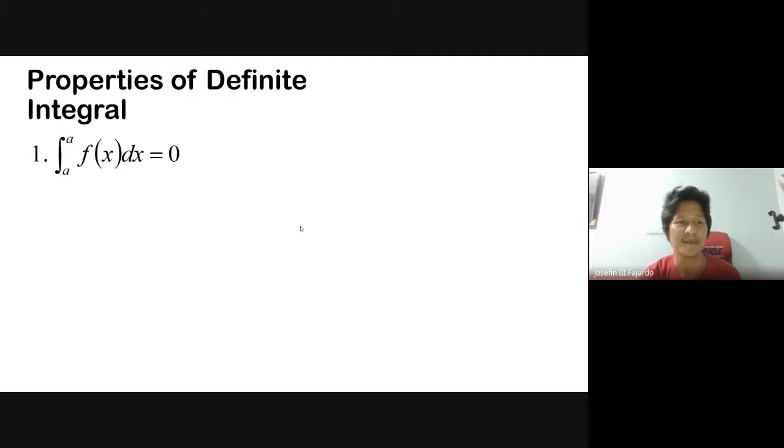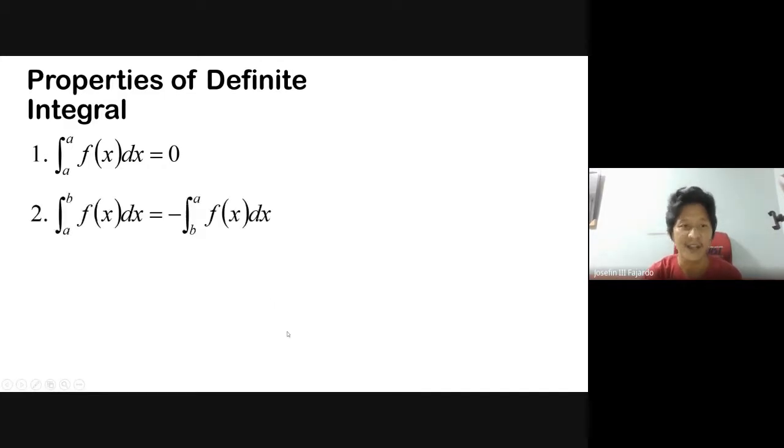So first is, notice that the integral, if the lower and upper bounds are the same, will turn out to be 0. Kasi syempre, it will be F of a minus F of a, it will turn out to be 0. Malinaw naman yan, di ba? So if the lower and the upper bounds turn out to be the same, it's simply 0. Okay, next.